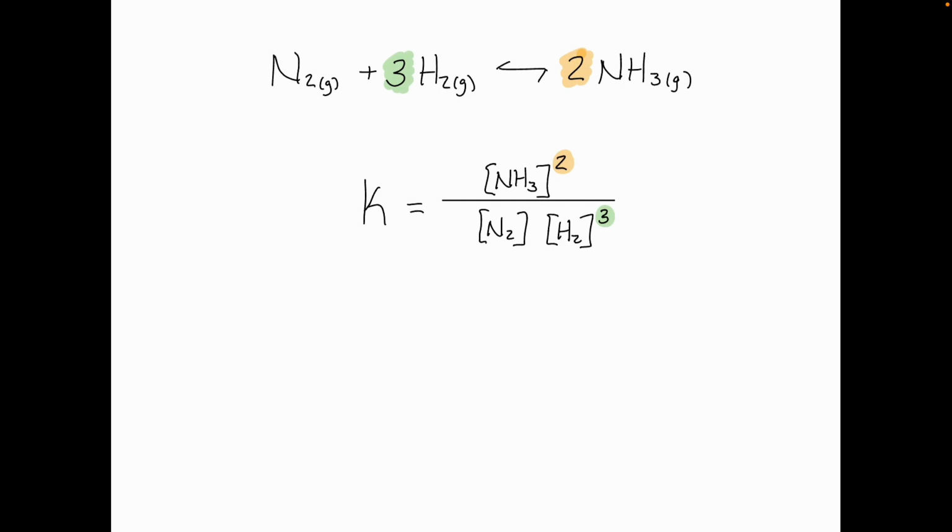All right, so before we get to the states business here, there's one thing we're going to do, and that's just take a look at the value of K and what that says about a particular reaction.